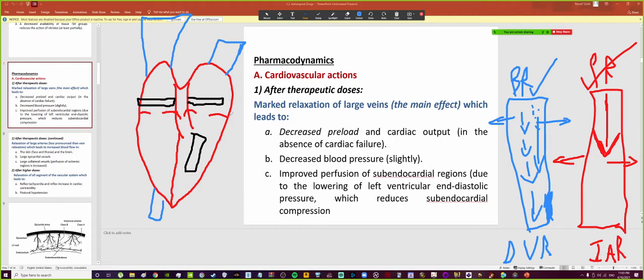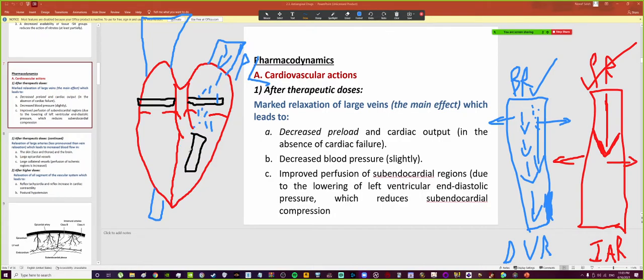Basically, in the pulmonary veins, there's going to be decreased blood flow coming towards the left ventricle. Instead of saying decreased blood flow, we call this preload. What is preload from physiology? Preload is end-diastolic volume, the volume of blood that remains in your ventricle before contraction.